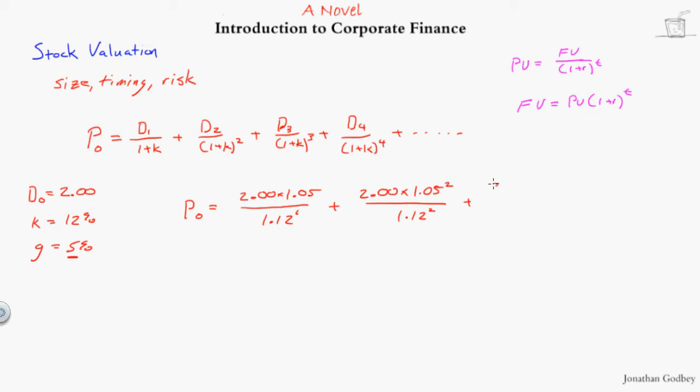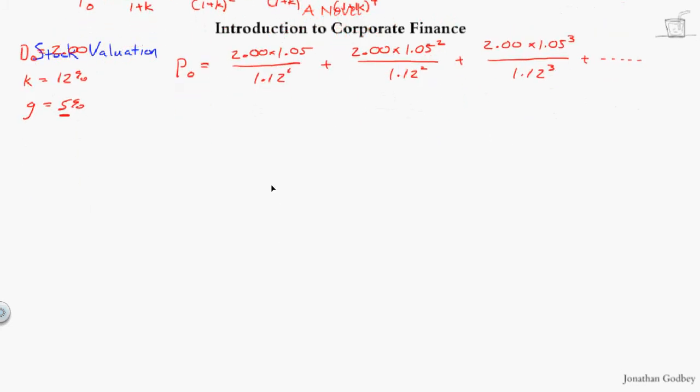And now all I have to do is do this an infinite number of times, which you can see here. Theoretically that works, but I can't do an infinite number of calculations. So what can I do? Let me move this up just a little bit. We can remember what we have here.